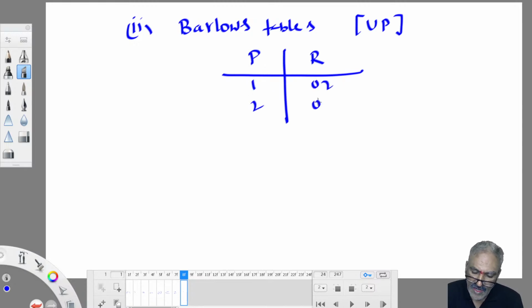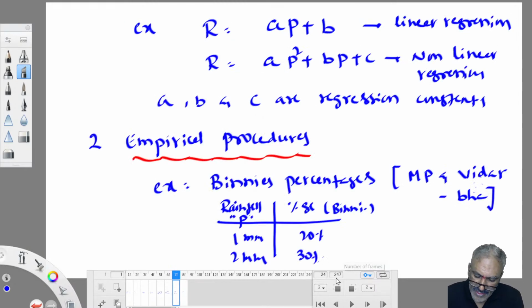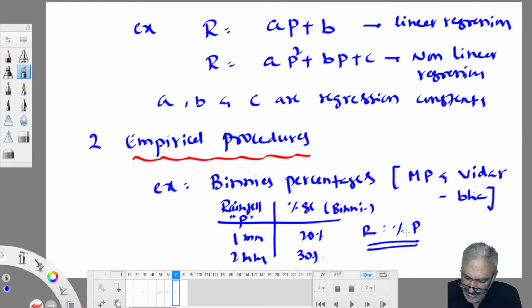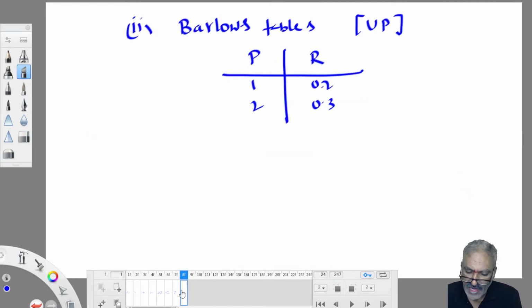For 2 mm rain, runoff may be some 0.3 mm. Like that, for different magnitudes of rainfall, runoff components are given to you. Here there is no need to multiply with percentages. With Binnie's percentages you have to multiply the percentage with P. Here no need to multiply; straight away read the values.